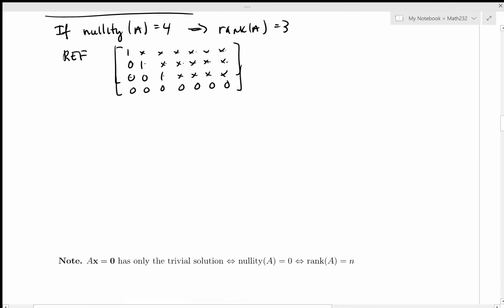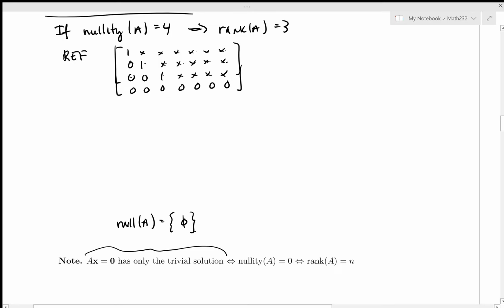If AX equals 0 has only the trivial solution, what does that mean? That means the null space of A would be precisely equal to the 0 vector.